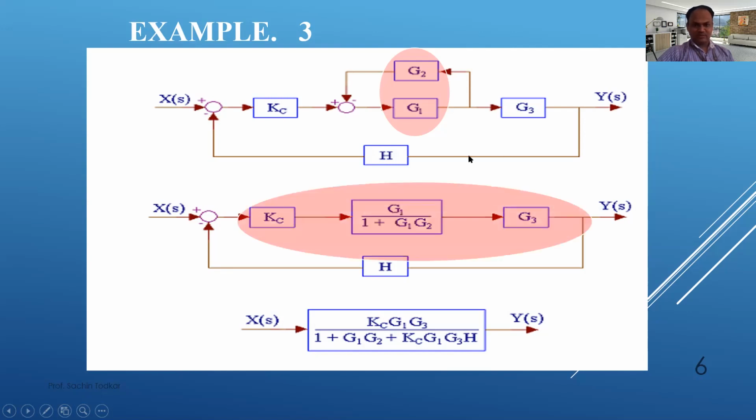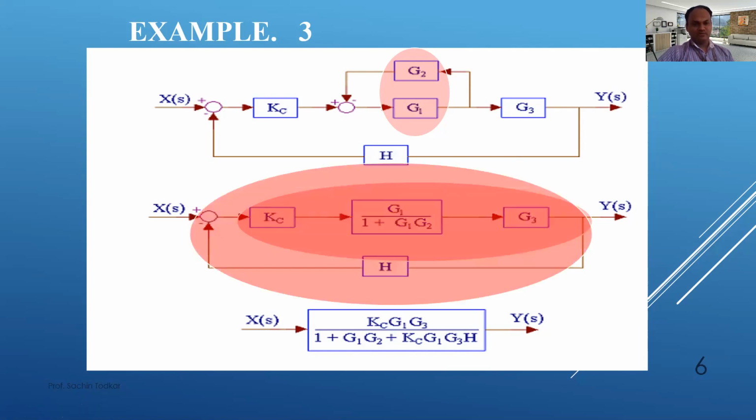Then we find the cascading blocks answer. It will be Kc into G1 into G3. Then we find the final feedback function with the help of KcG1G3 divided by 1 plus, because it is negative, 1 plus, and this is the simplification of this denominator, G1G2 plus KcG1G3H.